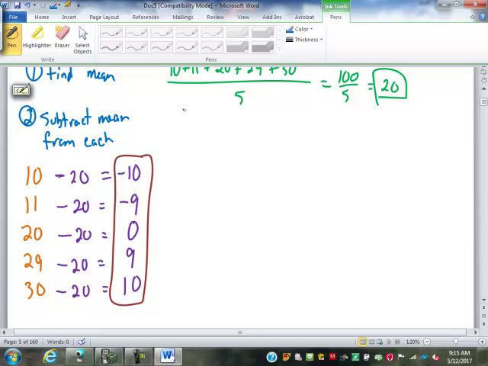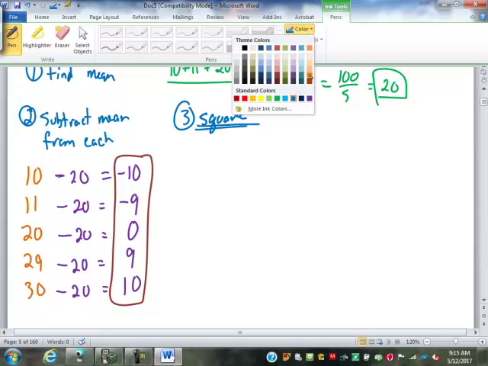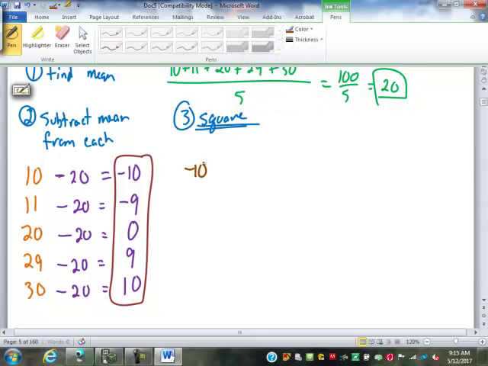What's step 3? Square the deviations. So we have negative 10 squared is 100. Negative 9 squared? 81.